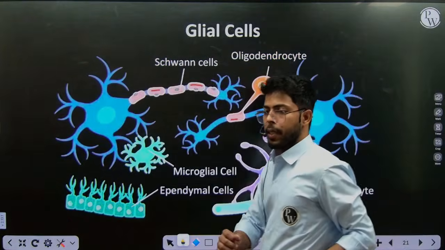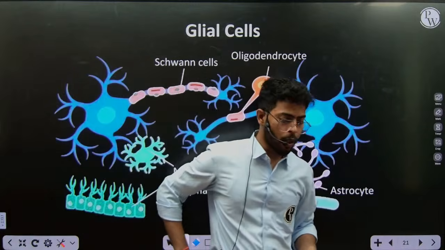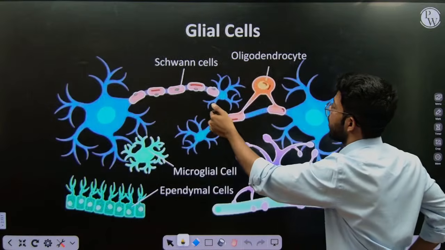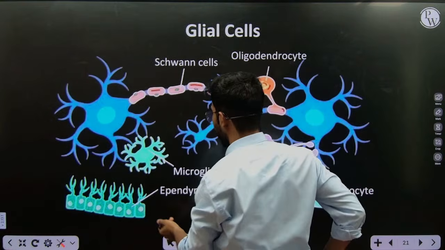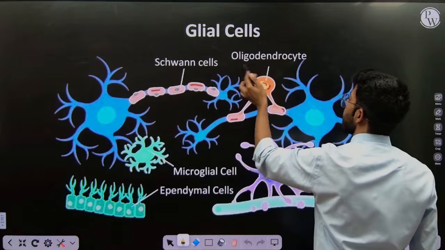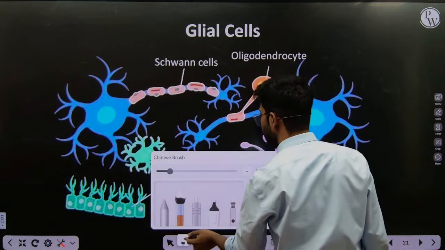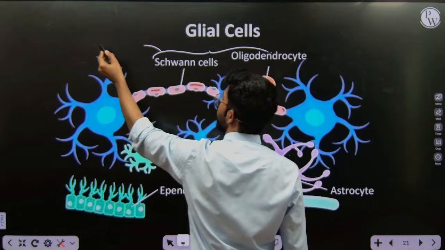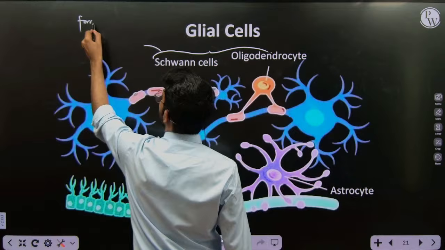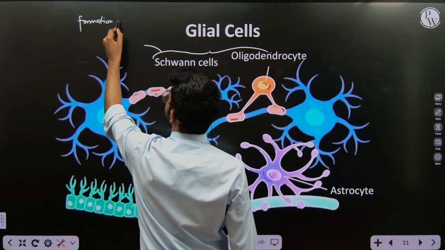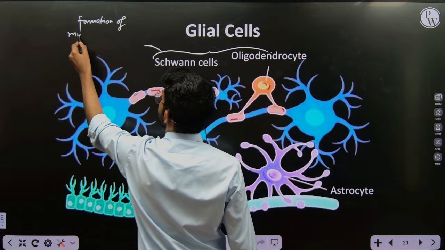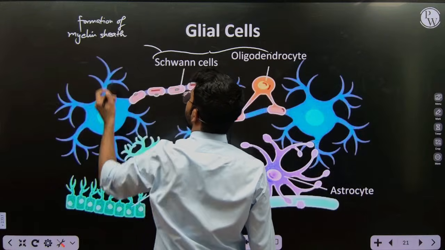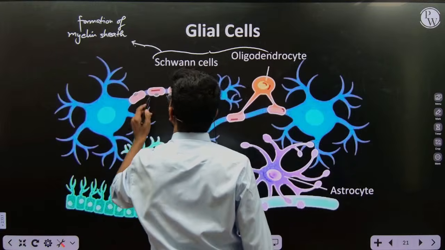Now there are some cells which are present in our neural tissue which are called the glial cells. Glial cells are the oligodendrocyte cells, Schwann cells, microglial cells, ependymal cells. Schwann cells and oligodendrocyte cells are responsible for the formation of myelin sheath.